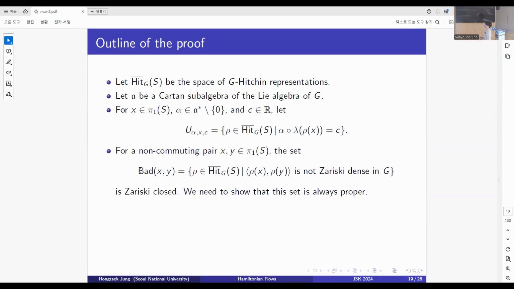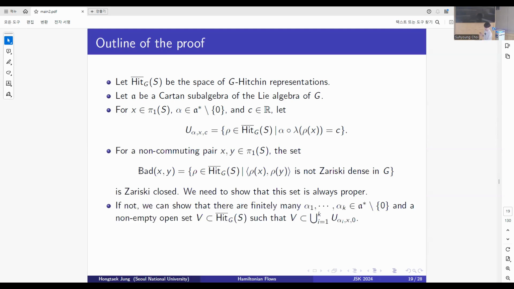So what we need to do is to show that these bad sets are always proper for any choice of non-commuting pair x and y. So of course, the proof goes by contradiction. We negate this condition, then there must be some non-commuting pair x and y whose bad set is everything.